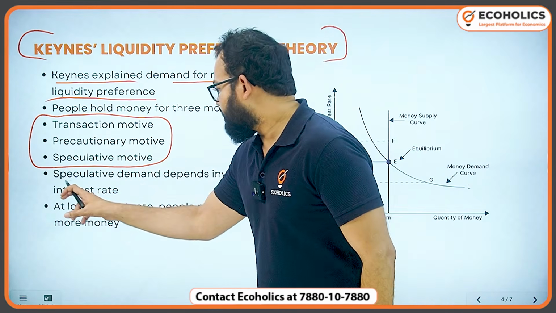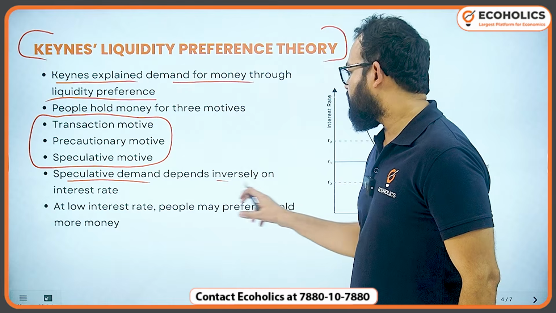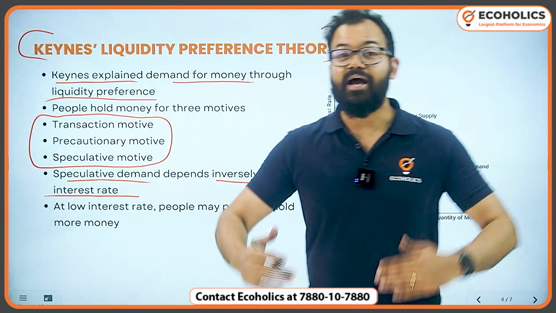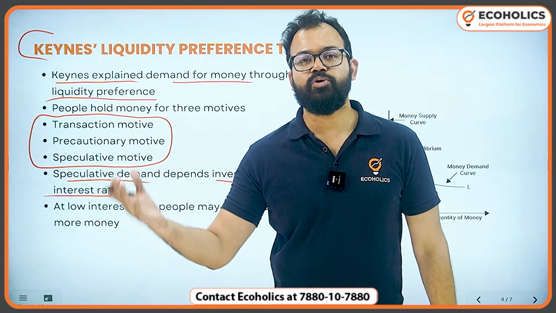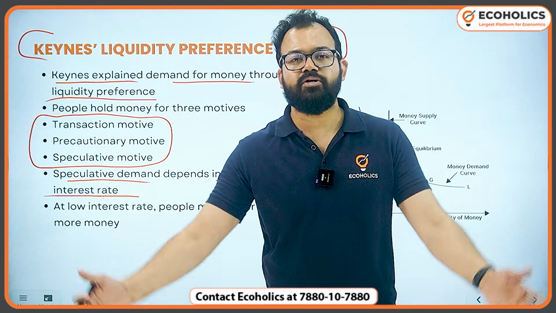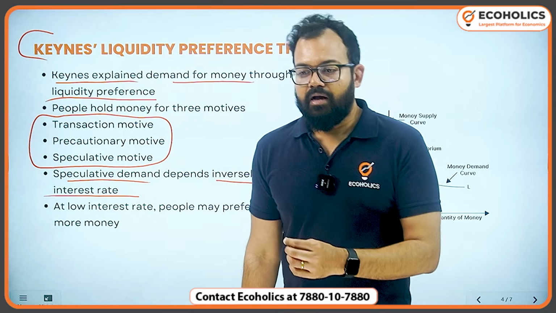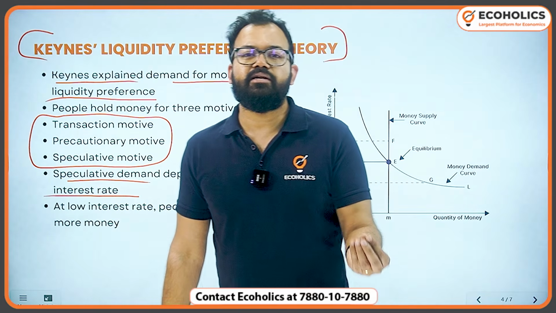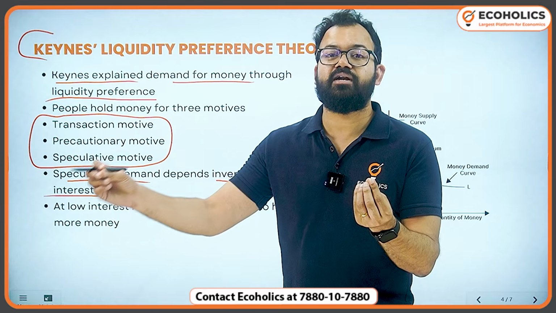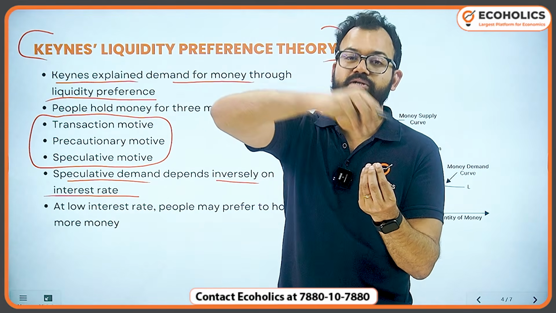Okay, so speculative demand depends inversely on interest rates. So higher returns. Right now we can say nobody is doing FD because FD rates are almost at a floor. That is why, with quantitative easing, whenever the American Federal Bank says it will increase the interest rate, there's always a threat of capital flight from India to the US.